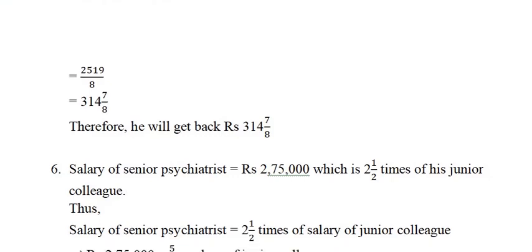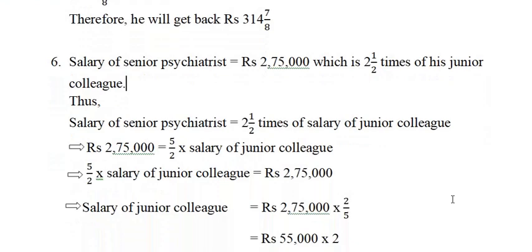Here we can write: salary of senior psychiatrist is equal to 2.5 times the salary of junior colleague. Whatever the junior colleague earns, the senior psychiatrist earns 2.5 times of that. The salary of the senior psychiatrist is already given, 2,75,000.